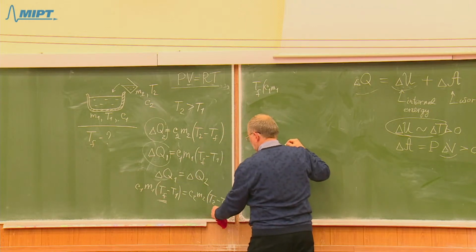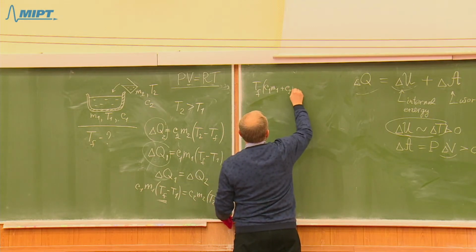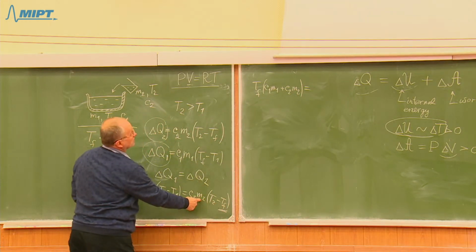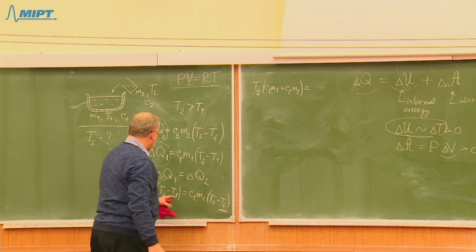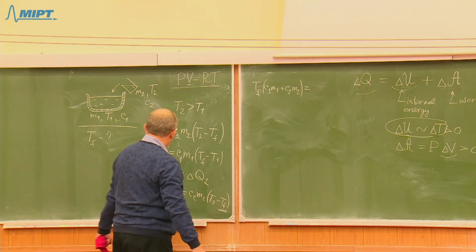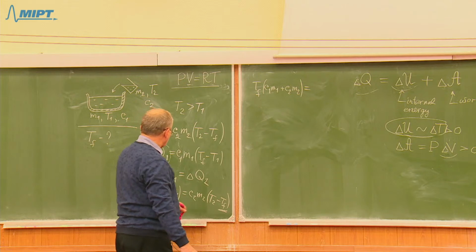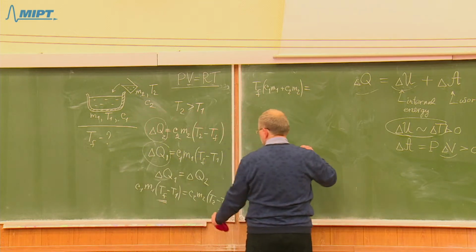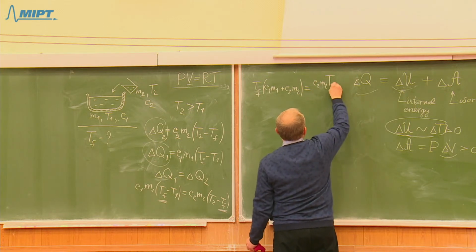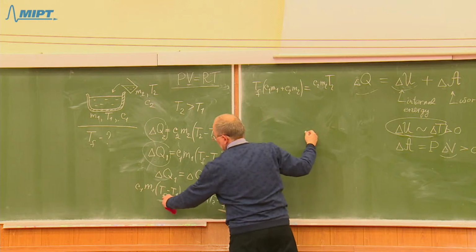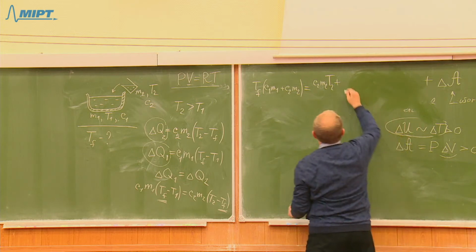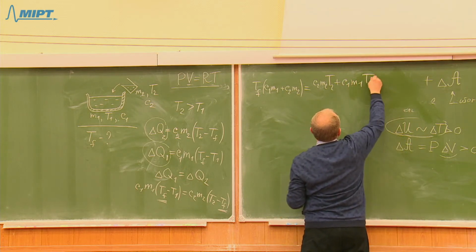So C1M1 plus C2M2, multiplied by final temperature, will be equal to all terms which don't contain the final temperature. That will be C2M2 T2 plus C1M1 T1.